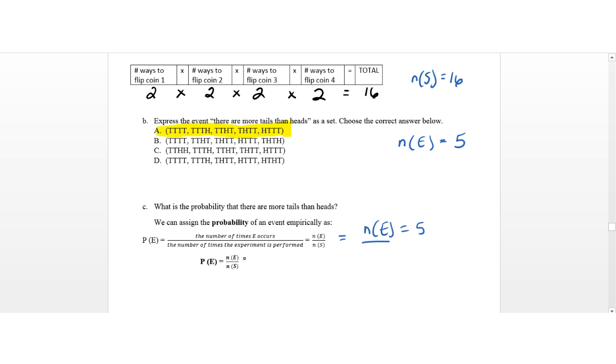And we divide that by the number of times the experiment is performed. And of course, that is given to us in answer A, which is 16. So the probability that there are more tails than heads is 5/16.